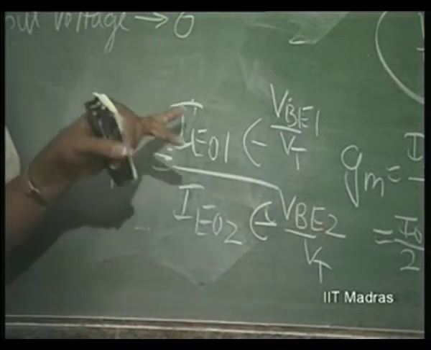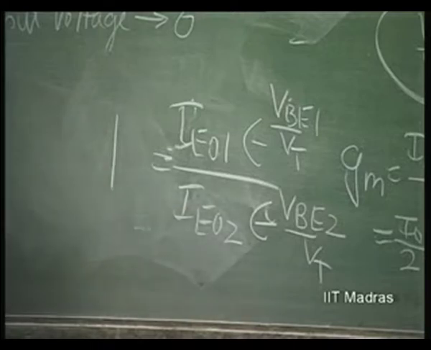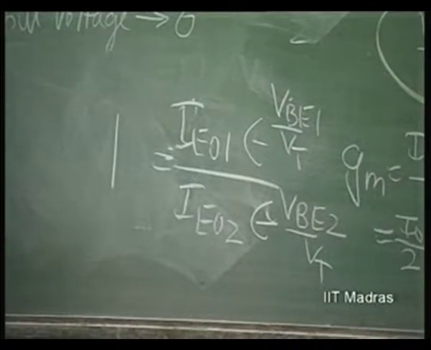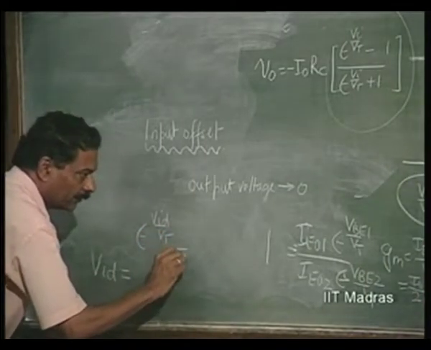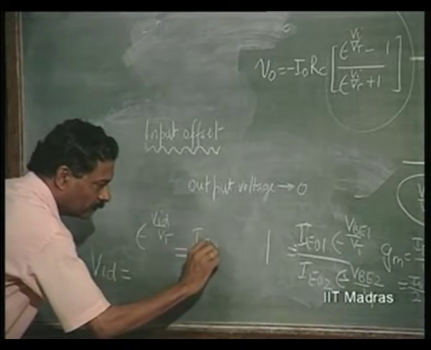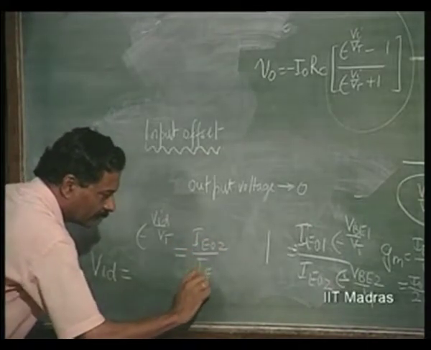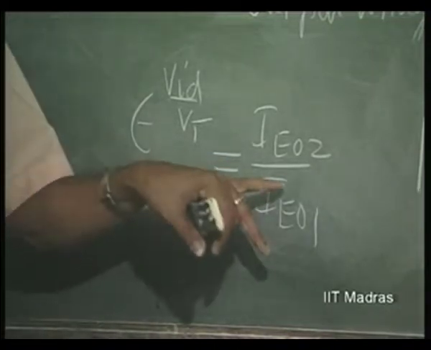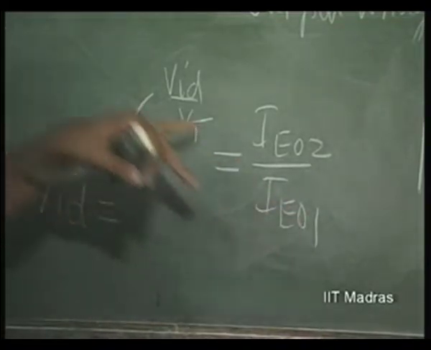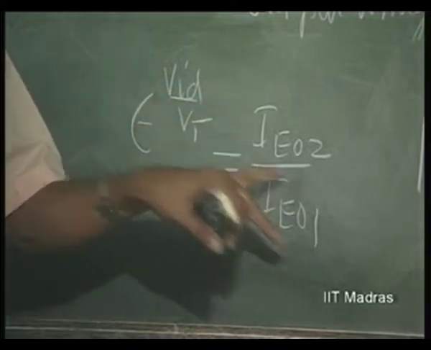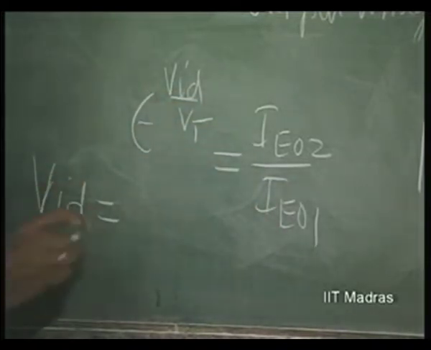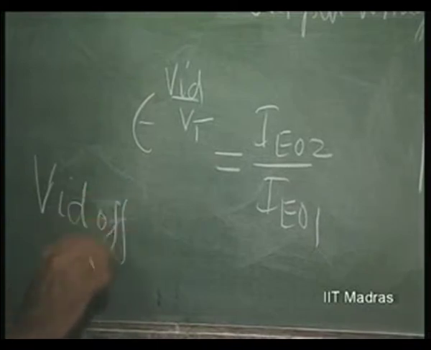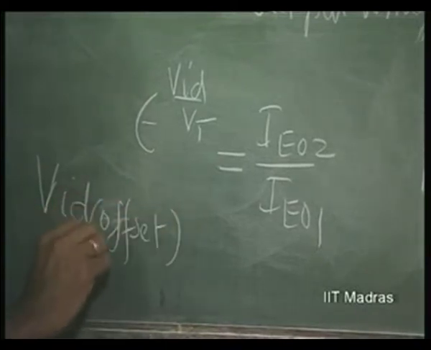If IE01 is not equal to IE02, then even when IE1 by IE2 is equal to 1, exponent VID by VT is equal to IE02 by IE01. Earlier it was equal to 1, and therefore VID was equal to 0. Now obviously VID is equal to the offset voltage.